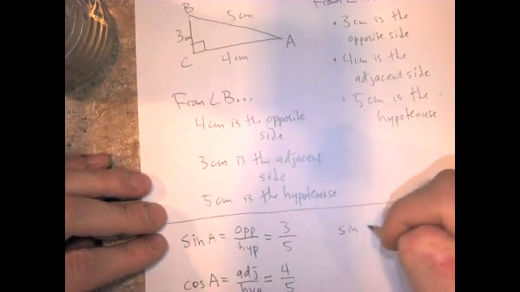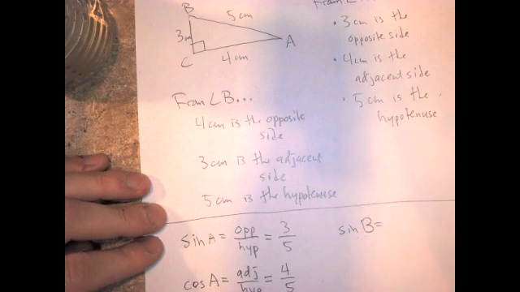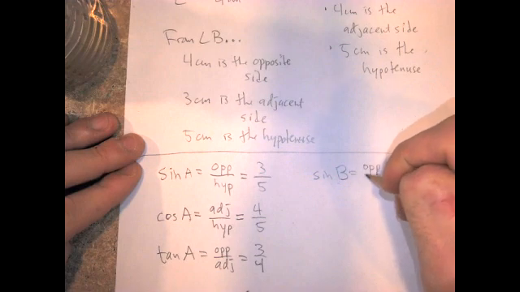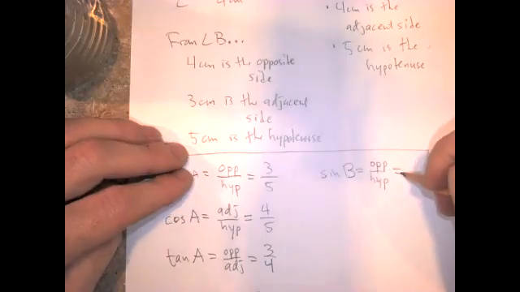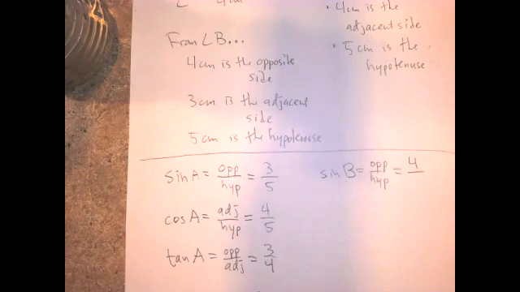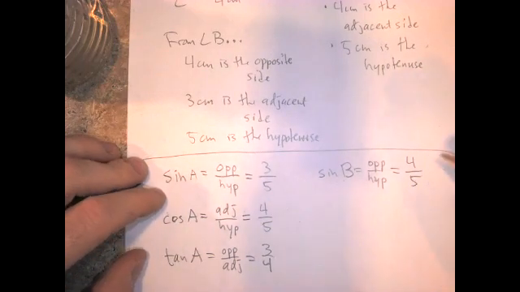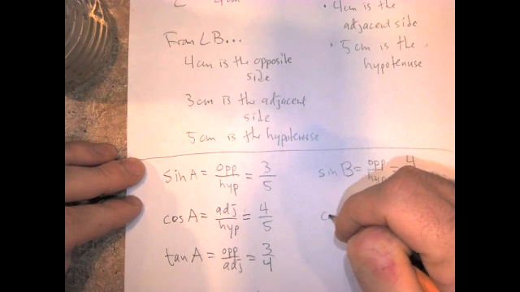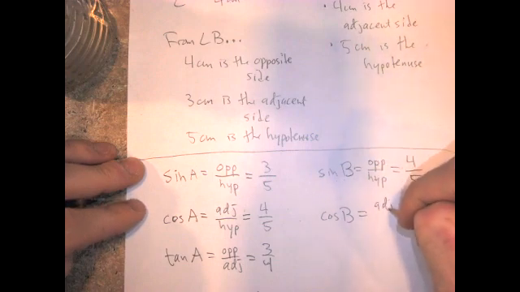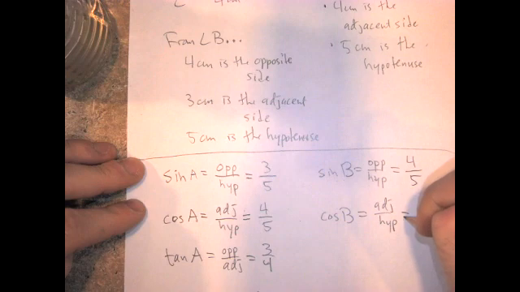Now you could go from B too. Sine of B, sine is still opposite over hypotenuse. That's the definition of sine. From B, opposite was 4, and the hypotenuse is 5. So sine of B is 4/5. Cosine of B, cosine is adjacent over hypotenuse still, which is 3/5.